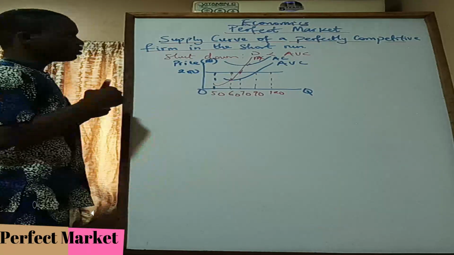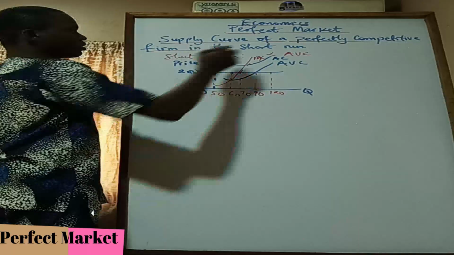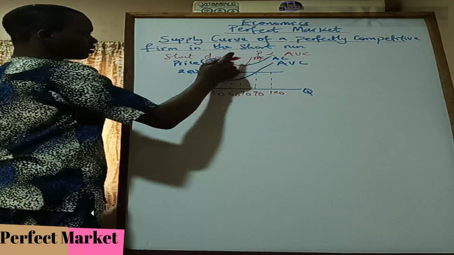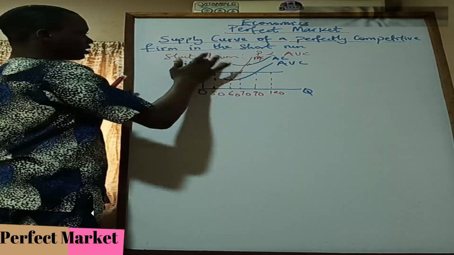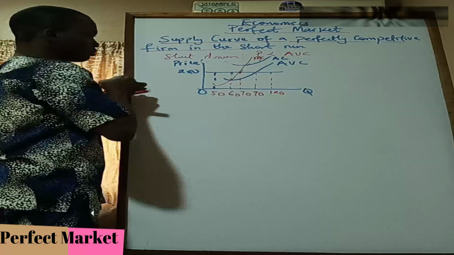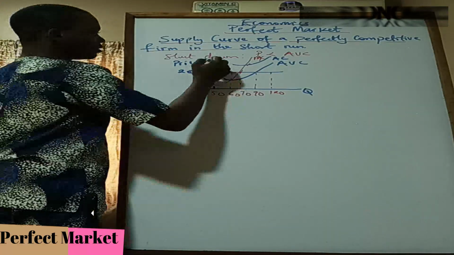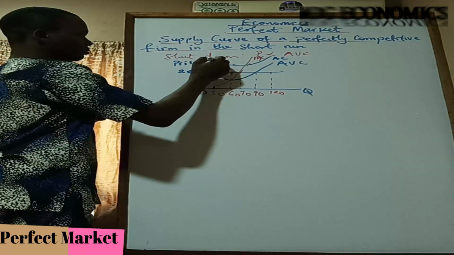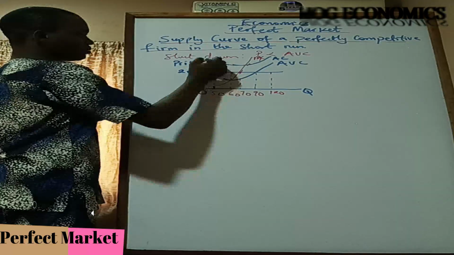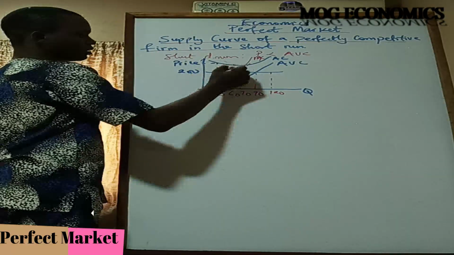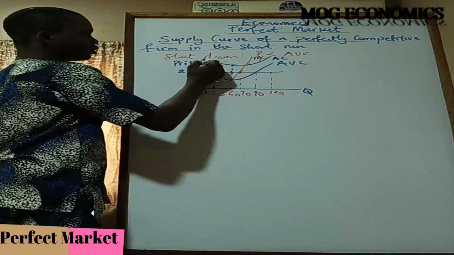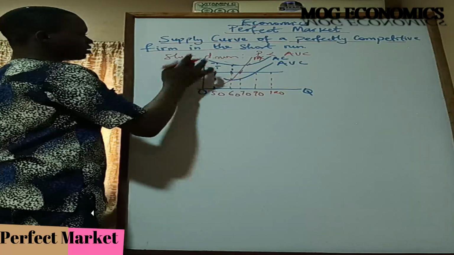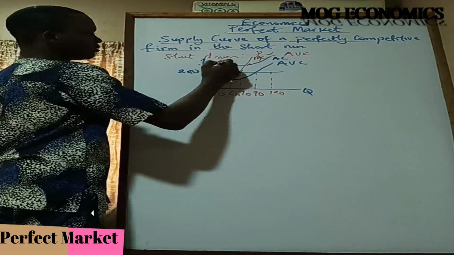The profit maximizing condition is where MR equals MC, as you know. So I could decide to extend these lines, and I have a figure in this place, and another figure here.